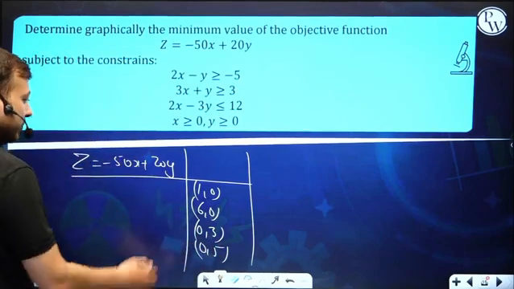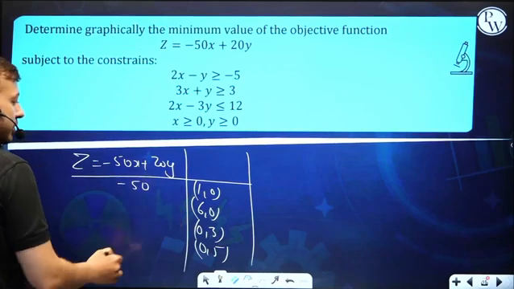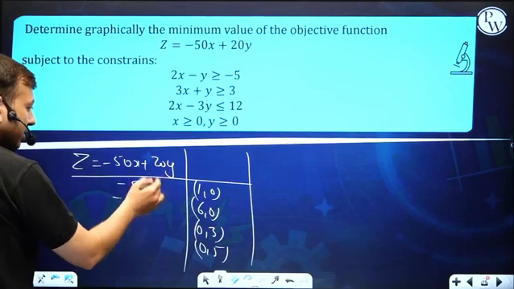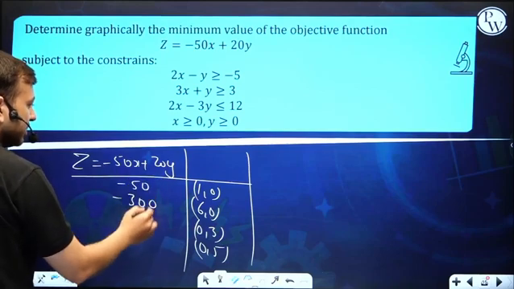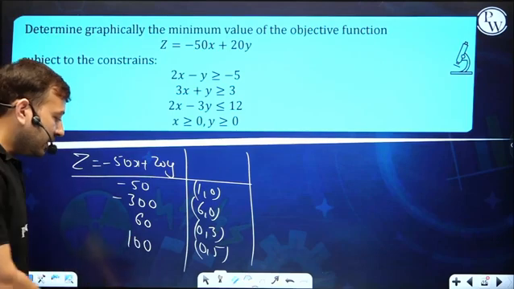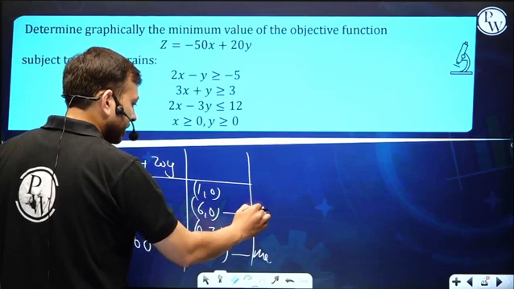Find the value, sir. If I put 1 comma 0, I'll get minus 50. If I put 6 comma 0, minus 300. 0 comma 3, 60. 0 comma 5, 100. So that means at this point I am getting the maximum, at this point I am getting the minimum.